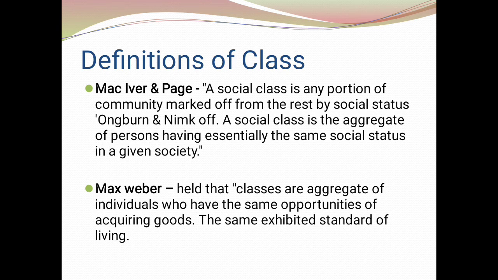MacIver and Page said, a social class is any portion of the community marked off from the rest by social status. Ogburn and Nimkoff: a social class is an aggregate of persons having essentially the same social status in a given society. Second, Max Weber's statement of class: classes are aggregates of individuals who have the same opportunities of acquiring goods and the same exhibited standard of living.